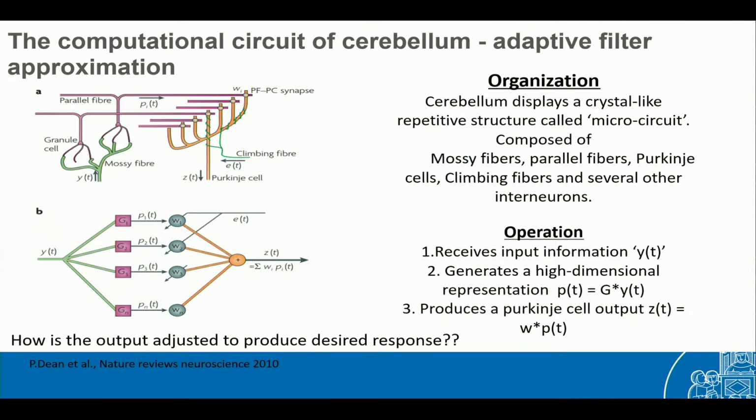The idea is that when the cerebellum receives input that goes through the mossy fiber, it generates a high-dimensional representation by means of the granular layer, and the output is then sent to the Purkinje cell, where the learning happens and which can control the eye.